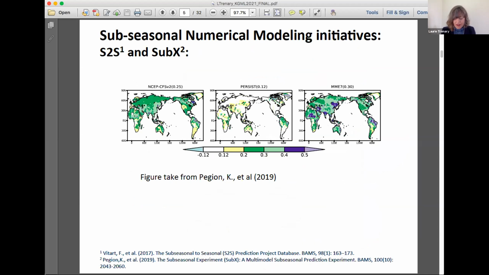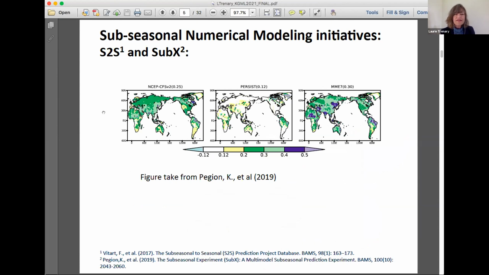Given the societal benefit, there have been initiatives to improve subseasonal predictability. One such initiative is directed towards improving the numerical models. There are two main programs, S2S, the Subseasonal to Seasonal project, and SubX. Both were really focused on evaluating the subseasonal skill in operational forecasts, and then using that information to somehow improve the numerical models.